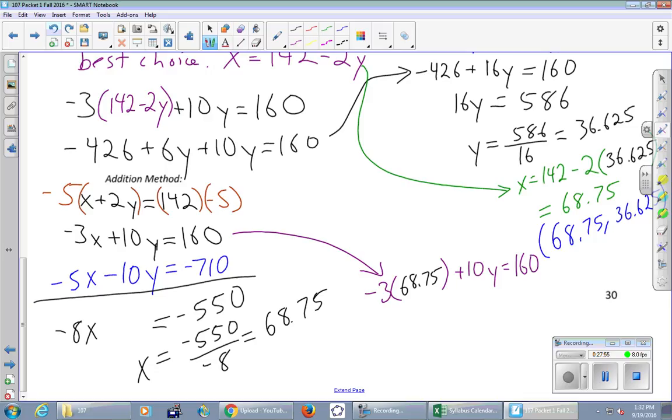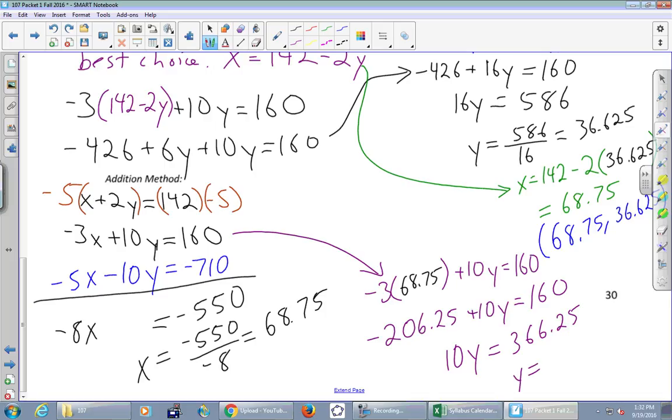All right, so 3 times this. Somebody help me, what is that? 206.25 plus the 10y equals 160. And then solving for y, so we'll add the 206.25. So we get 10y equals 366.25.